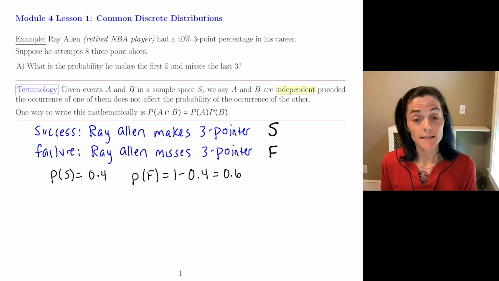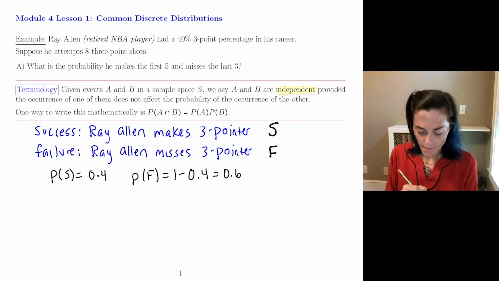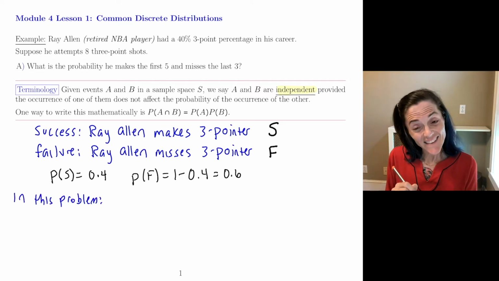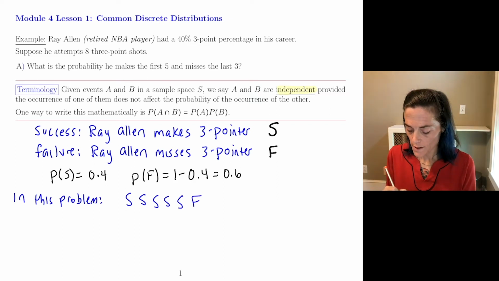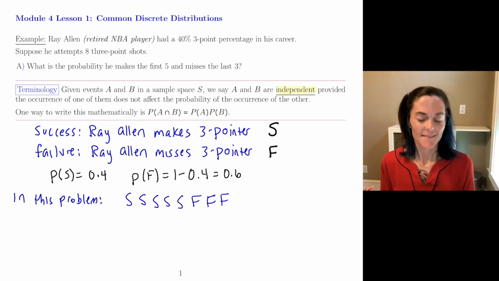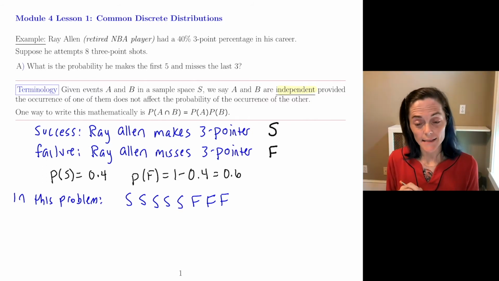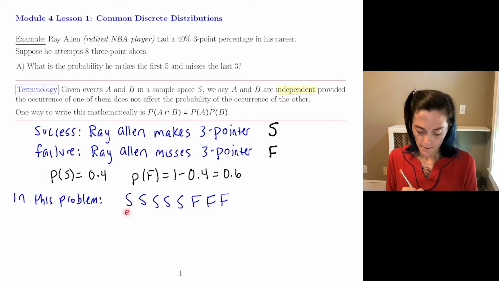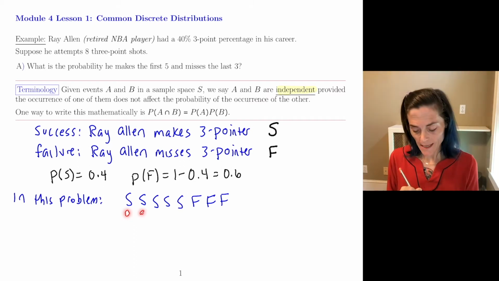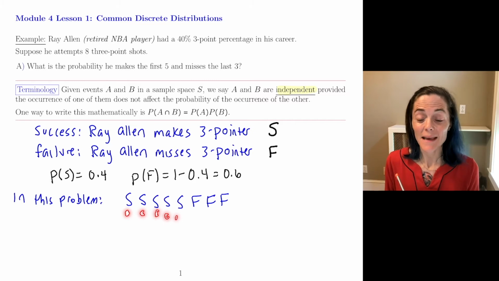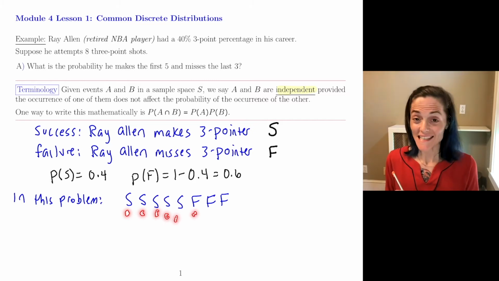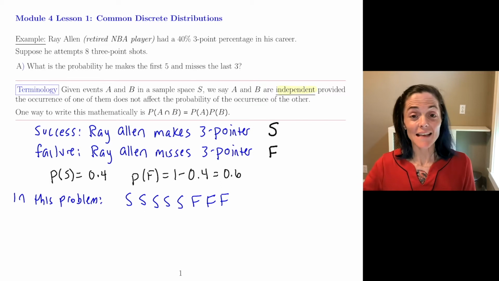Now, we have 8 three-point shots, and we have a specific order. So what is given in this problem, the event here, is that there are multiple ands. He makes the first and makes the second and makes the third and makes the fourth and makes the fifth and misses the sixth, misses the seventh, misses the eighth.